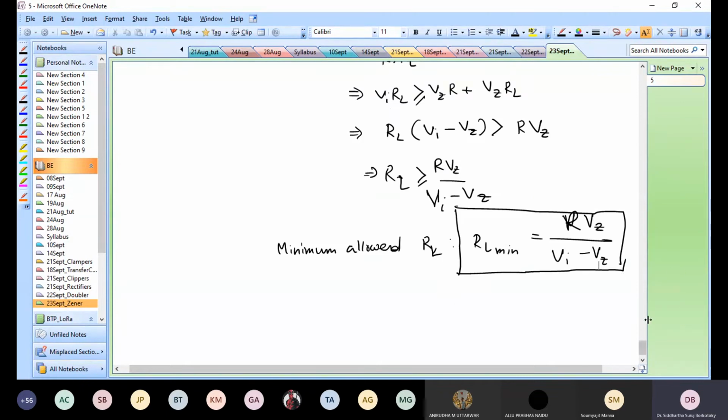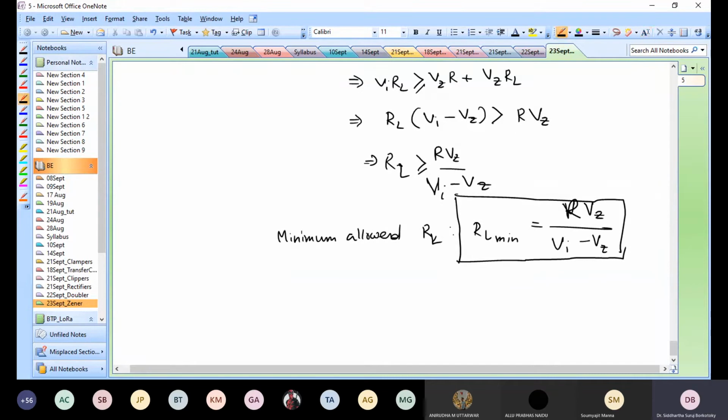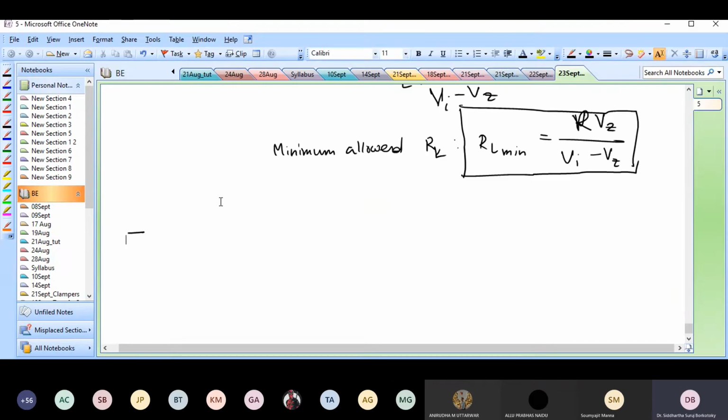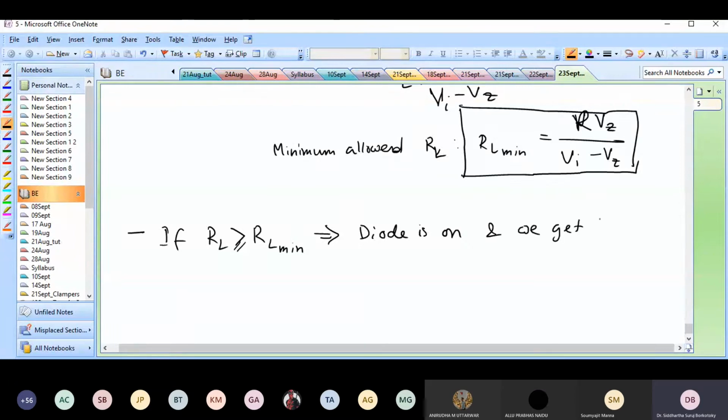Okay, so we now are in this situation. Basically, what we say is that if RL is greater than or equal to RL minimum, that means the diode is on, and we get Vz across the load.